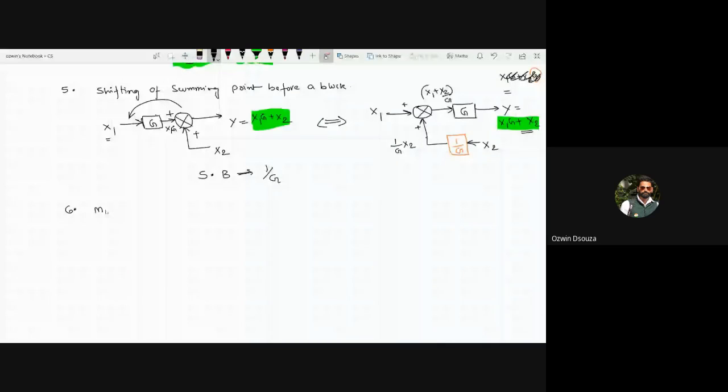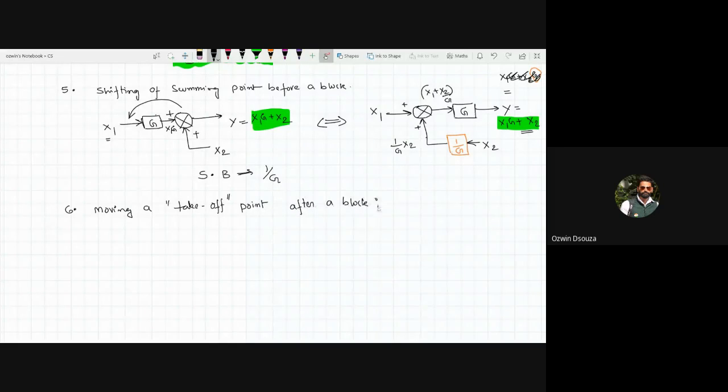Moving takeoff point after a block. Now, what do you mean by takeoff point? Takeoff point is nothing but the signal tapping point. The tapping point of the signal itself is called as the takeoff point.